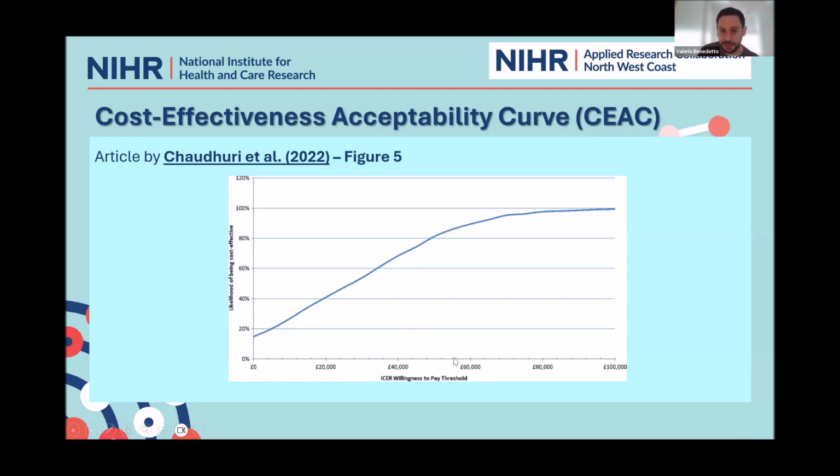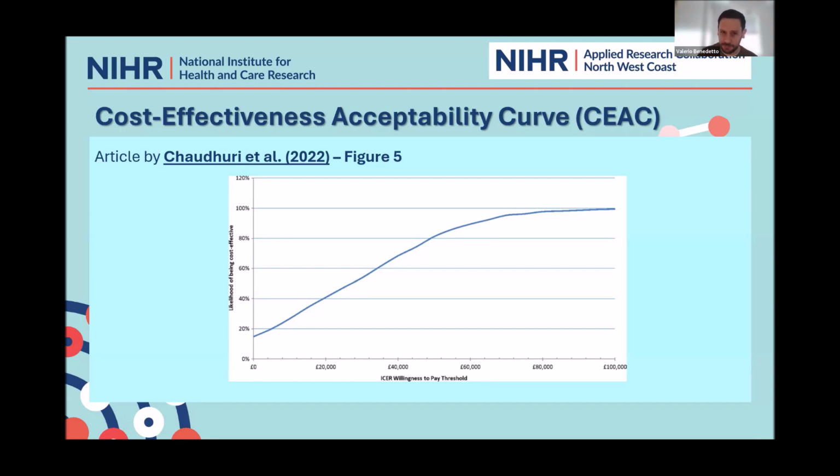In particular, these monetary values reflect different willingness to pay thresholds. So willingness to pay threshold has been described a few minutes ago by Andy. On the vertical axis instead, you got percentages, and these percentages reflect the likelihood or the probability of the treatment being cost effective. Okay, the new treatment being cost effective.